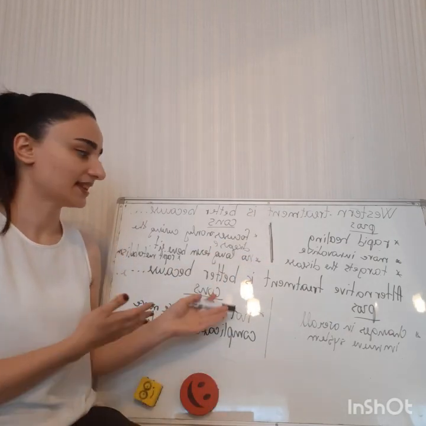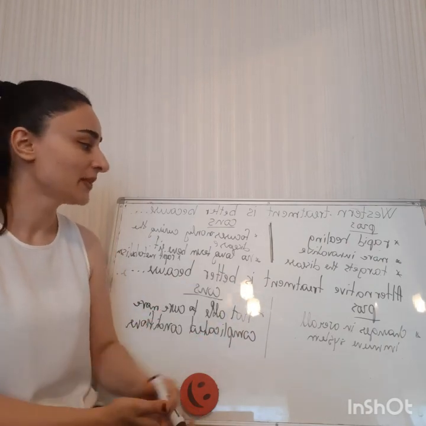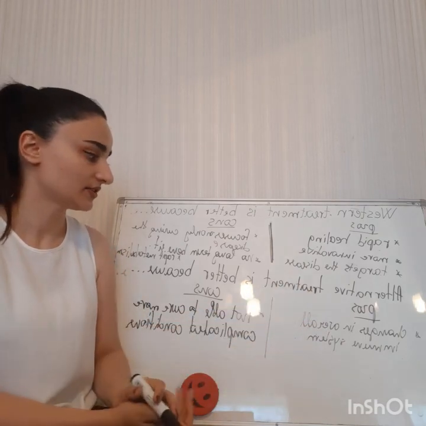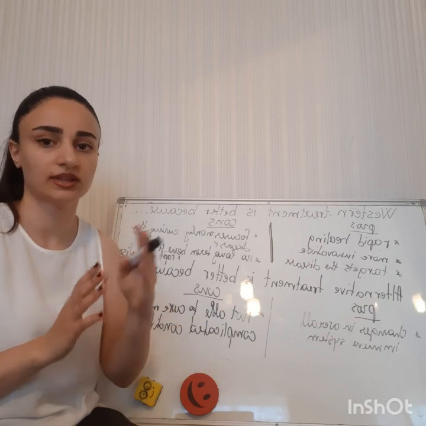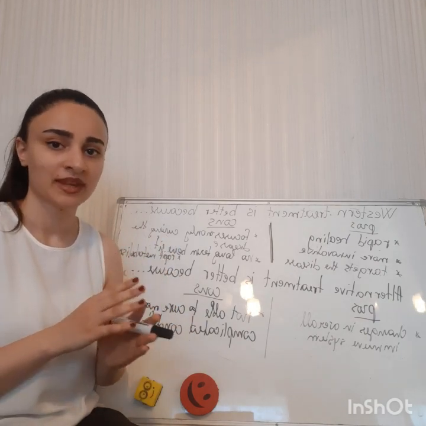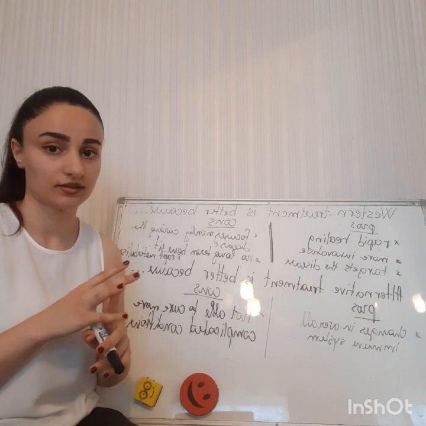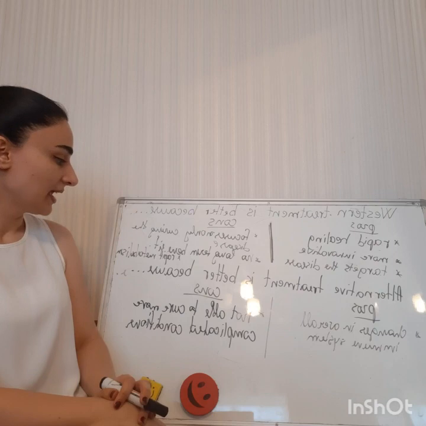And now let's look at alternative treatment, some pros and cons of alternative treatment. One of the most important positive sides of alternative treatment is it improves the overall immune system, not only one disease, but it affects the overall immune system and lifestyle also. So there are changes in immune system.